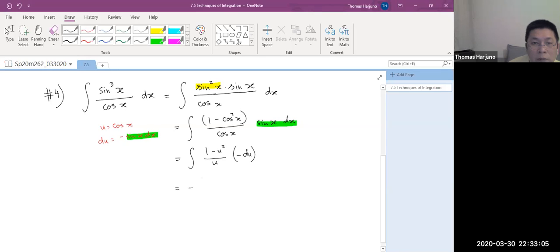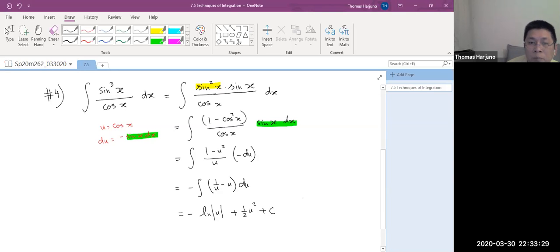That's negative, negative integral of 1 over u minus u du. Let me go on. This is negative natural log of the absolute value of u plus 1/2 u squared plus constant. Oh no, I think what happened earlier.